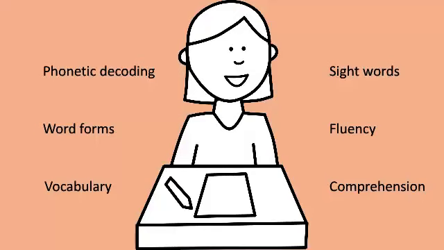With those key elements in view, we can now think about the domains of reading instruction that this module emphasized: phonetic decoding, word forms, vocabulary, sight words, fluency, and comprehension. A lesson plan within any of these domains should, at the very least, focus on the 5 lesson elements.